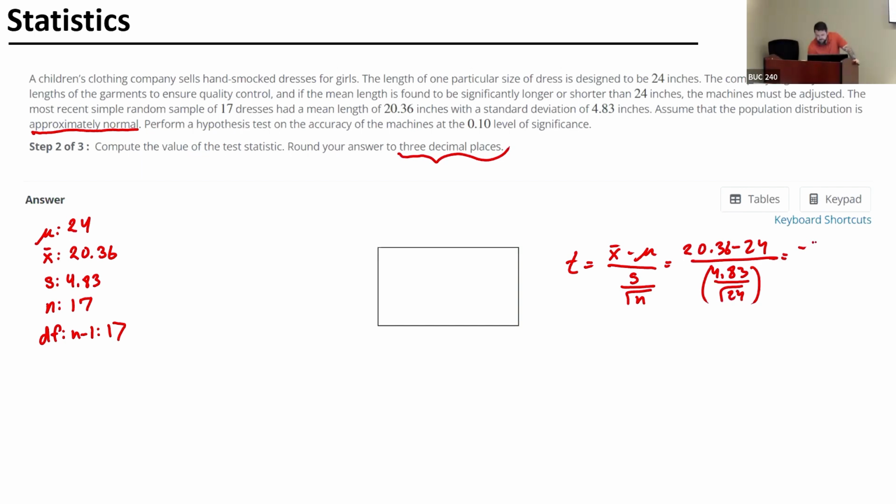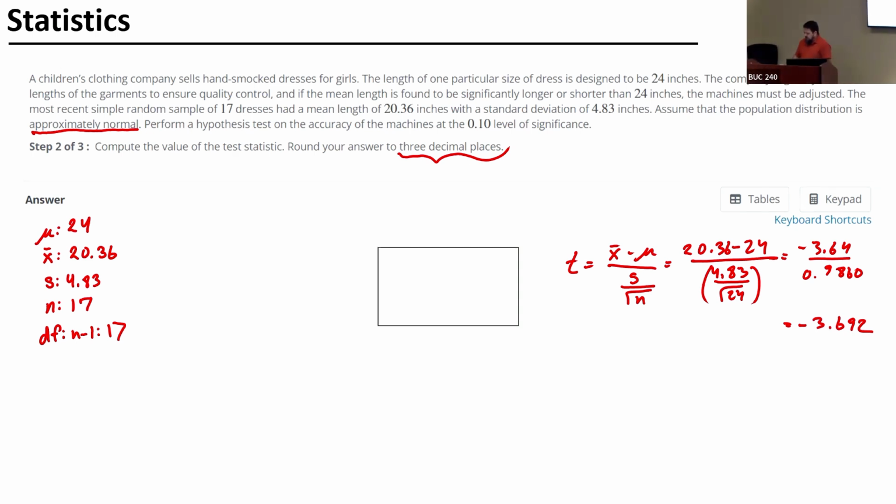That's gonna end up being negative 3.64 divided by 0.9860. You should get a t-score of negative 3.69. That is your test statistic.